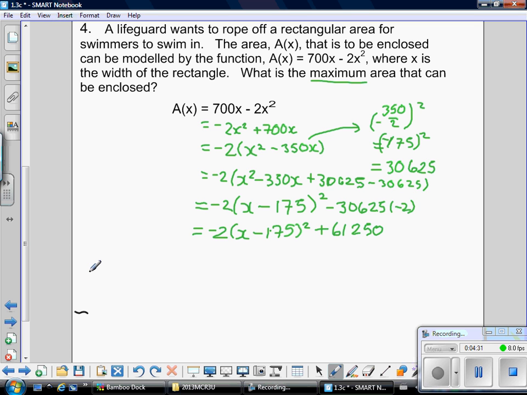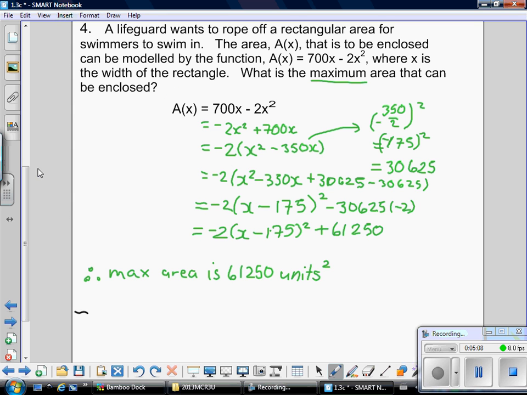So what I need to do then is therefore max area is 61,250, and I go to see what units, and it doesn't tell me if it's meters or what it is, so I'm going to put units squared. So even if they don't give you units, at least put units squared down, and that is much better as far as communication marks go.